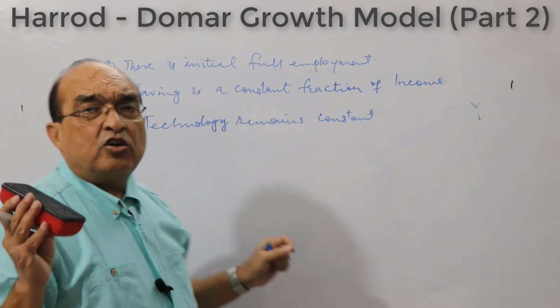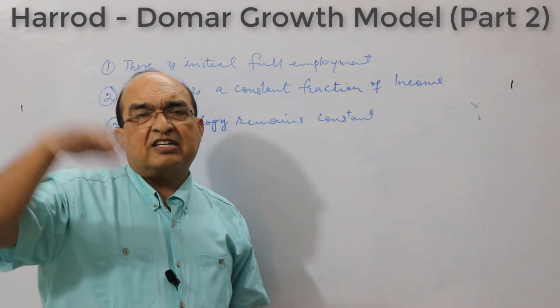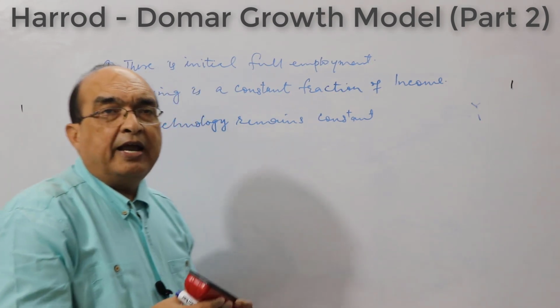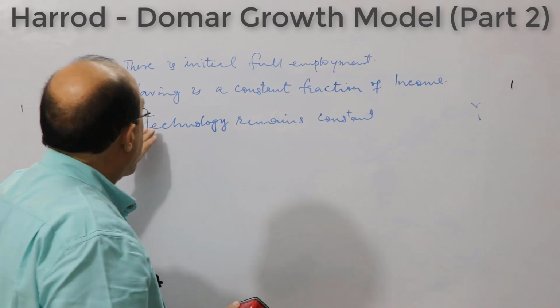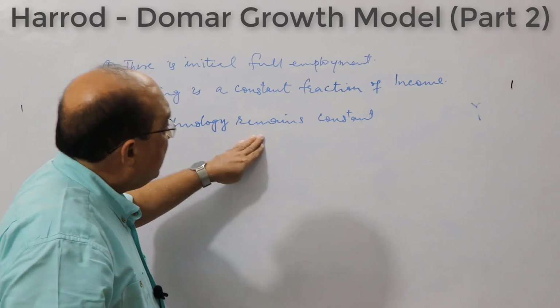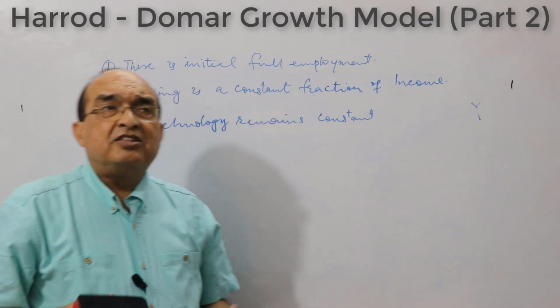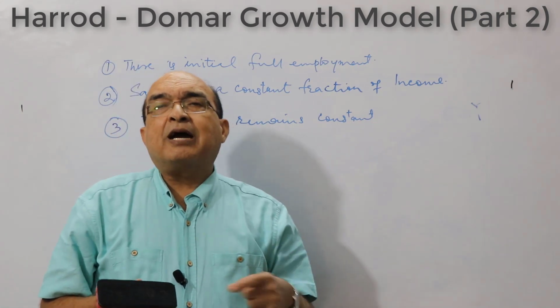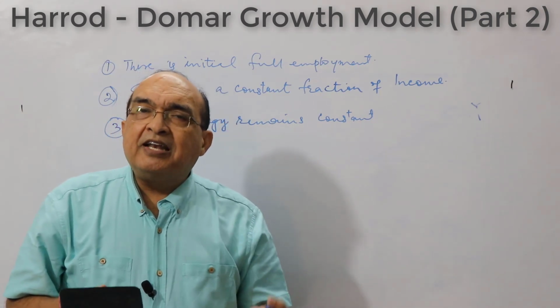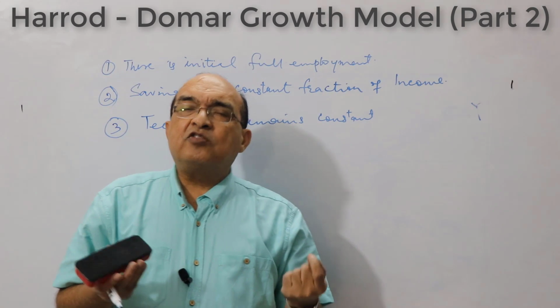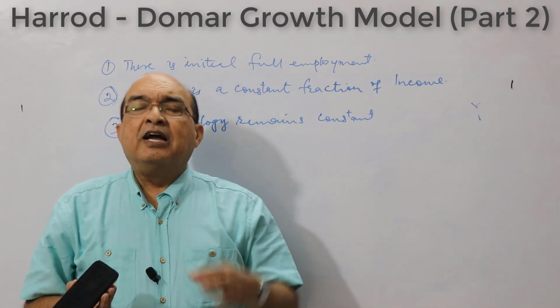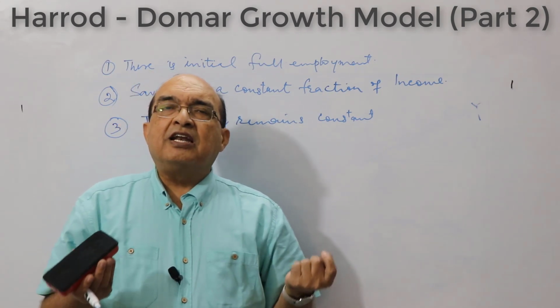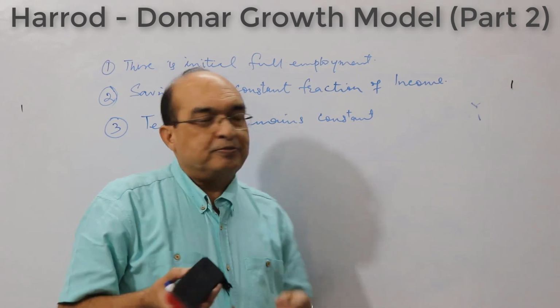Saving being a constant fraction of income simply means the saving function is coming from the origin and a fixed portion is not changing. Technology remaining constant simply means that the marginal capital output ratio will also remain constant, because it is only technological advancement that will change it.